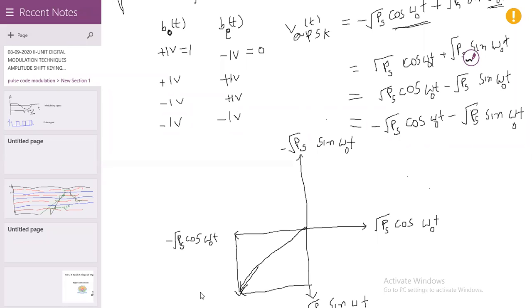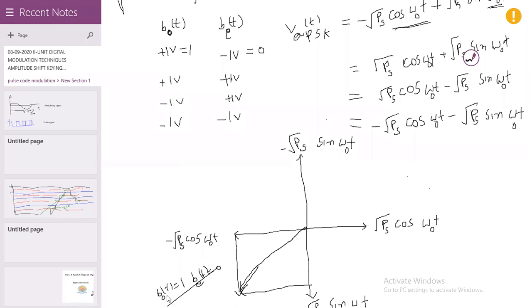So here what is the bit status? V naught of t equal to 1 volt, that means logic 1. V of t equal to -1, that is a 0.